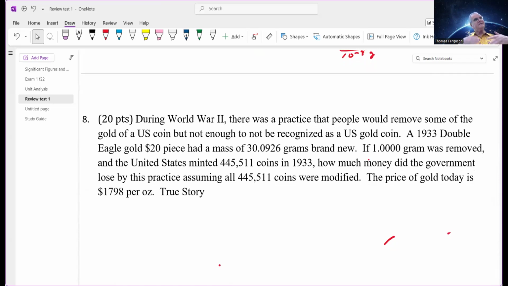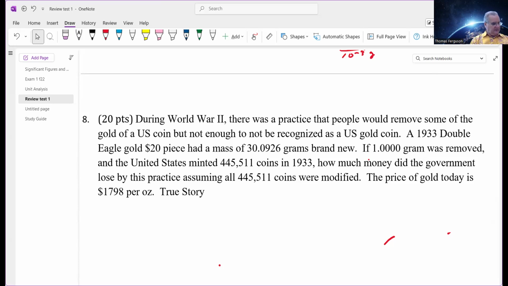When he was in North Africa and Sicily, this is what they would do. Very clever people. They would take a $20 gold piece and it had 30.0926 grams of gold in it.